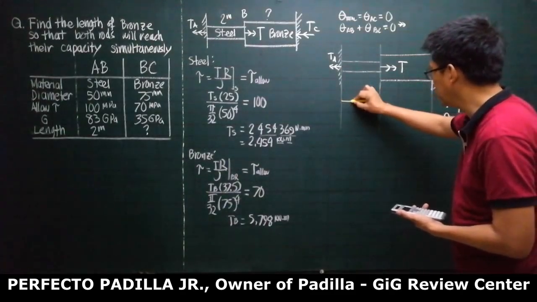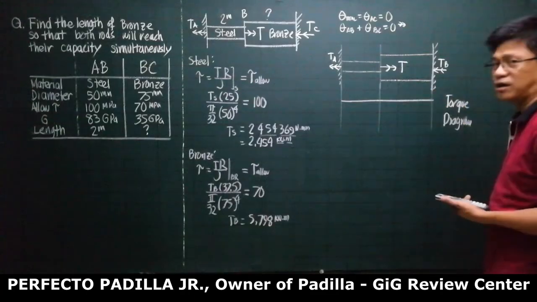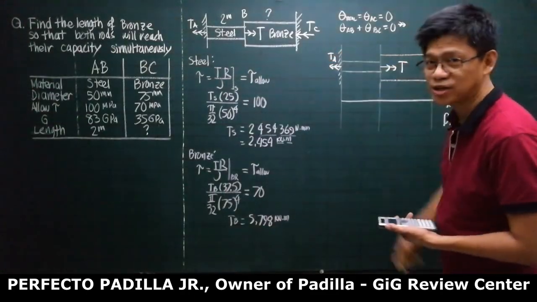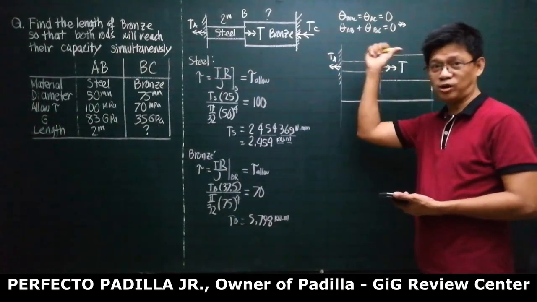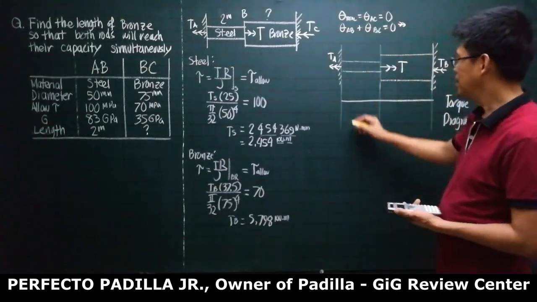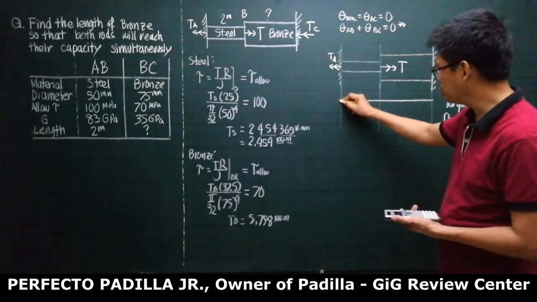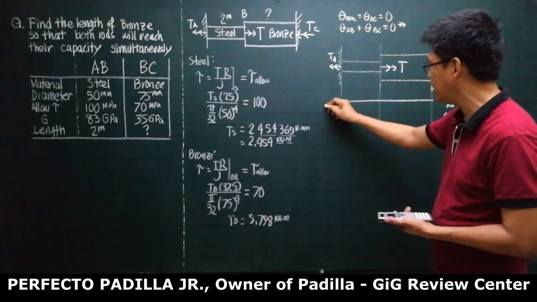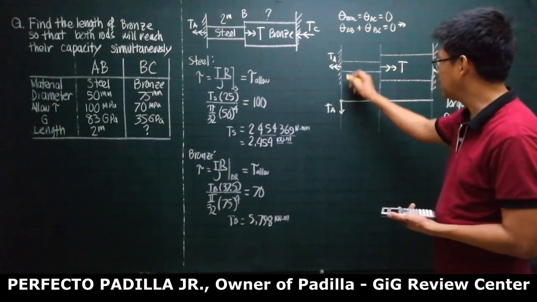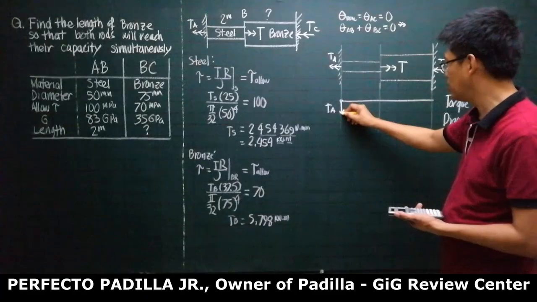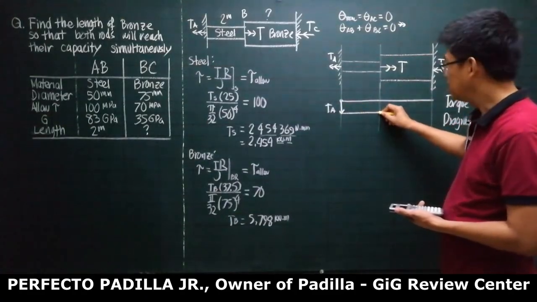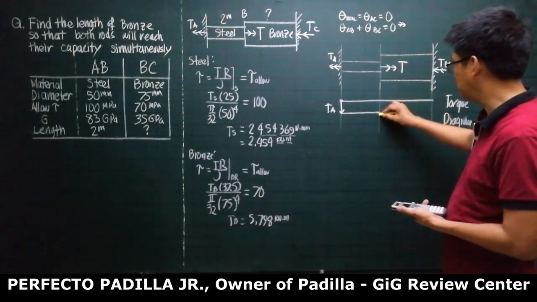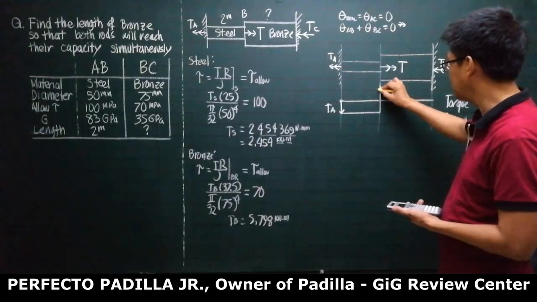I will be drawing left torque, meaning torque in this direction, negative. Right torque, torque in this direction, positive. So, we will go down from 0. We will go down here by TA. And there is no torque between this and this, so it would be like this. Then here, we will go up by T, so plus T, it will move up.